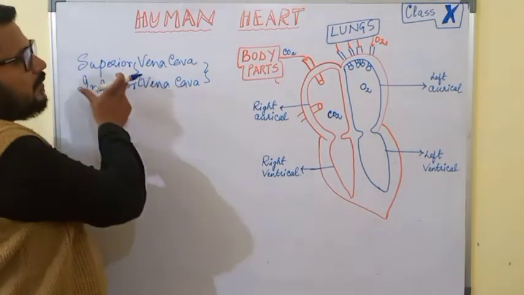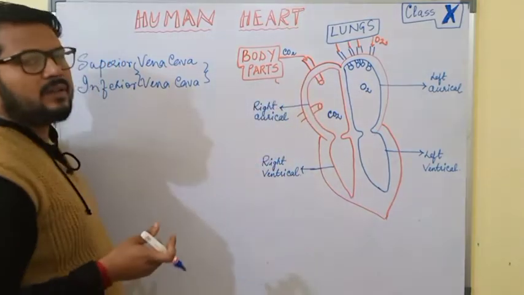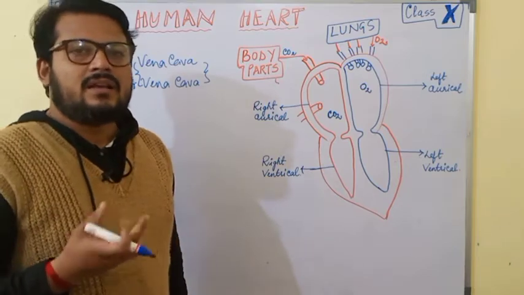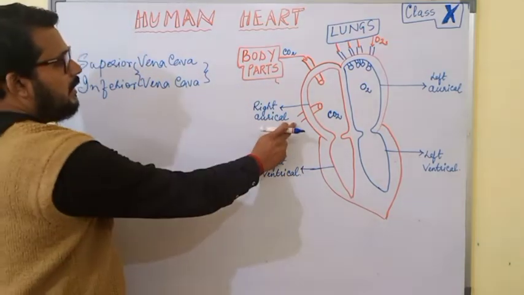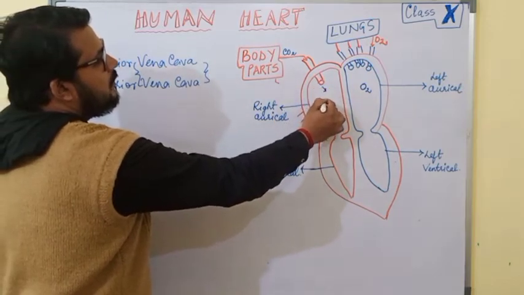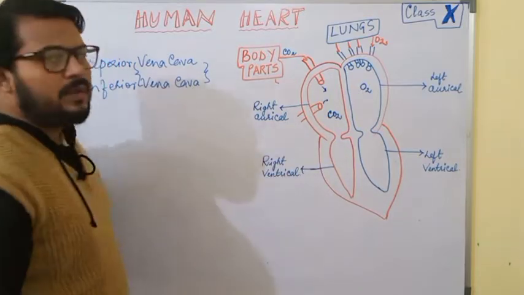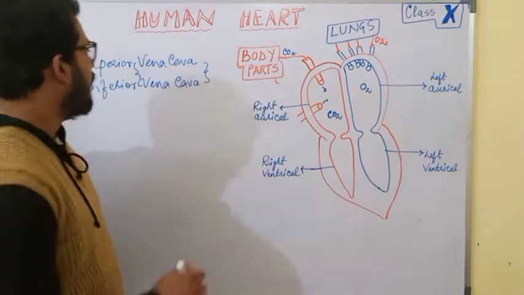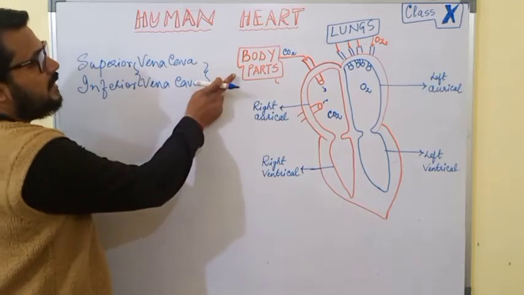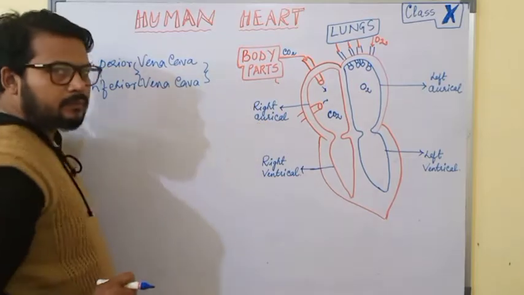The superior vena cava is going to bring the deoxygenated blood from the upper part of our body, like the face, our eyes, the brain, and the inferior vena cava is going to bring deoxygenated blood, meaning blood which carries carbon dioxide, from the lower part of our body. So these two blood vessels are responsible for bringing deoxygenated blood from all the body parts into the right auricle.